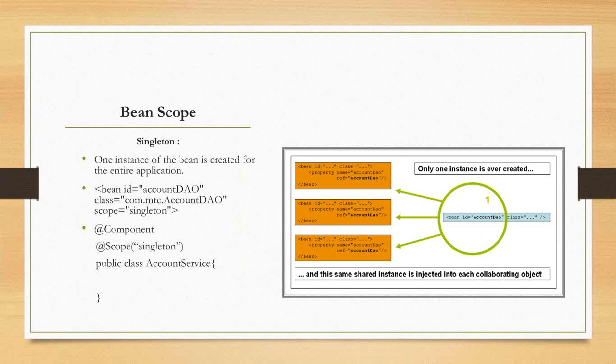So when I say bean scope, it's all about how the container manages the instances of a particular bean. We have a bean definition here, for example, account DO.